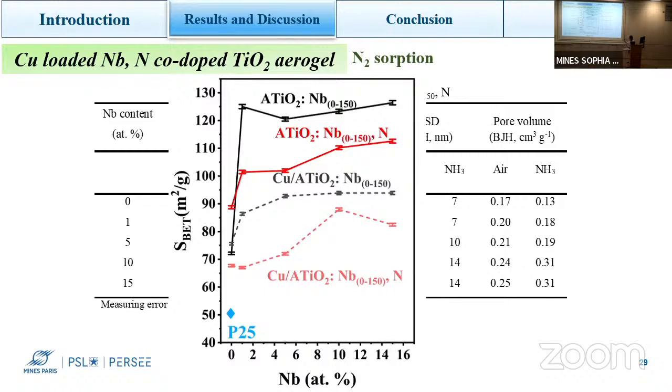With calcining in ammonium, it's still decreased, but it remains a good value. We have to mention our catalyst is also loaded with copper, with metal, and calcined in ammonium, but we still get a quite good value. Even compared with commercial catalysts, it's much higher.